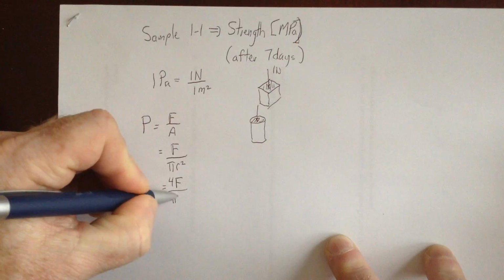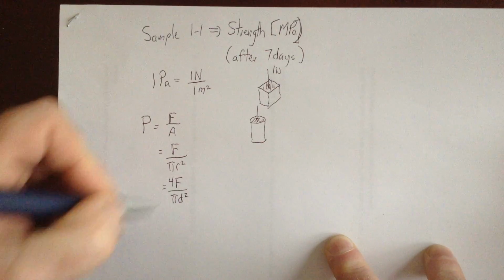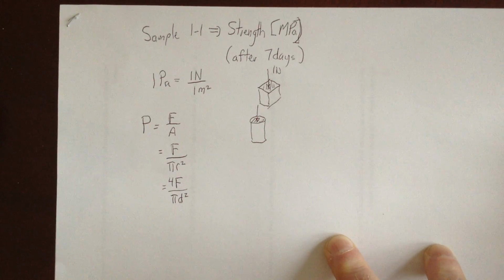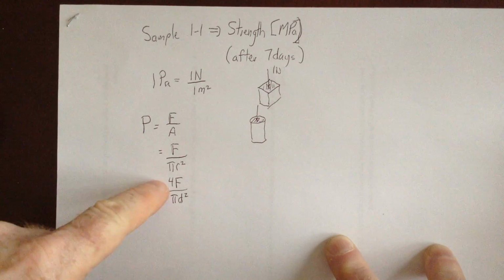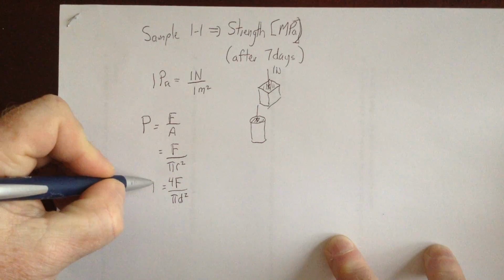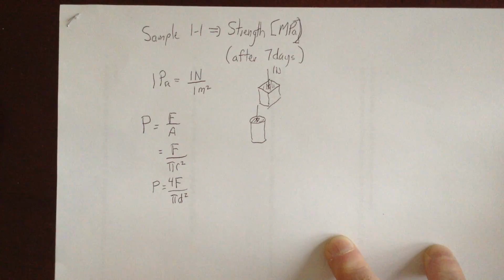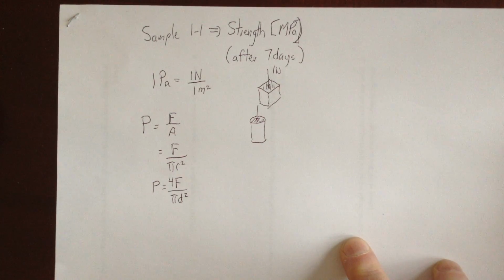So pi d squared over 4 is the same as pi r squared. The radius is the diameter divided by 2. When we square that, we have to square both the diameter and the 2, so we get the 4, flip the 4 to the top. And this is our all-encompassing end formula that we're going to use.